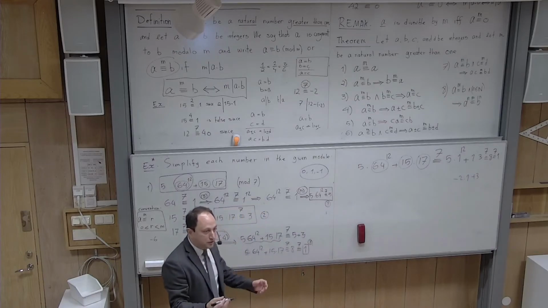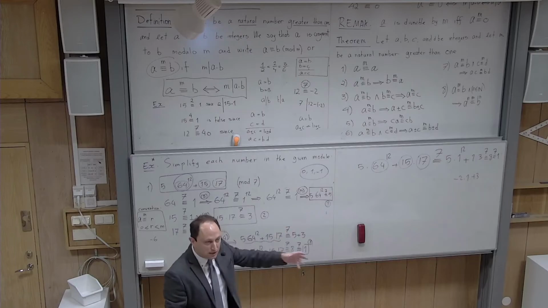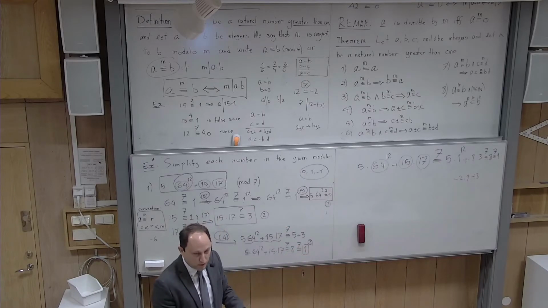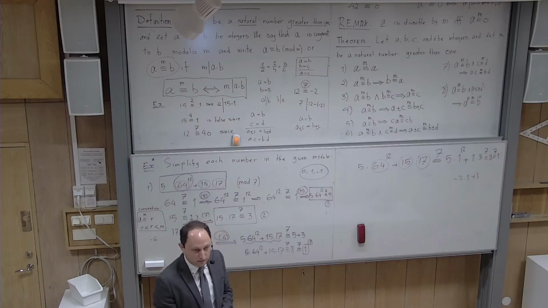I want you to understand that we have different names for integers now, depending on which module you are working in. And then you have to practice a little bit to find the optimized value, and it becomes super simple. Is that clear?